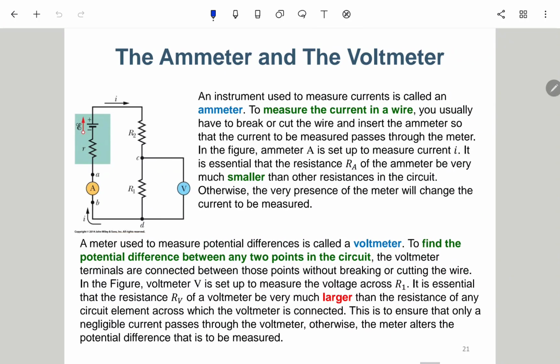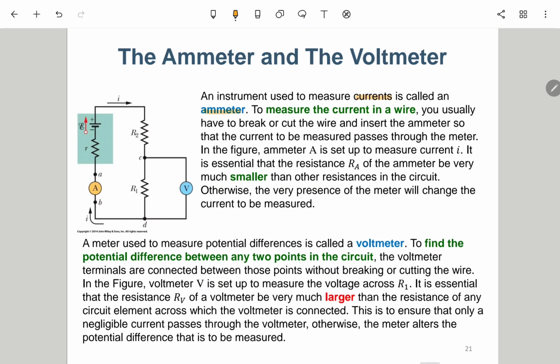Okay, so here we slightly talk about the ammeter and voltmeter. Simply speaking, the ammeter is used to measure the current. But here we have some concern for the ammeter in this figure.